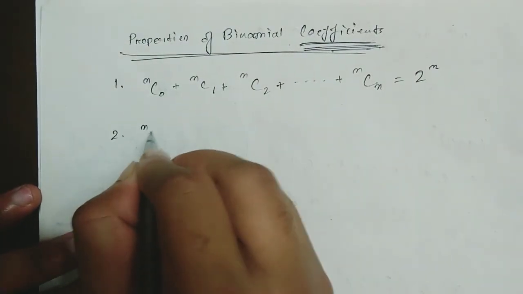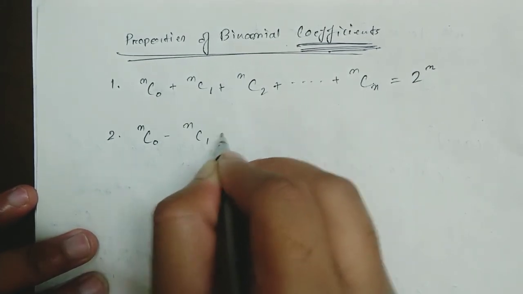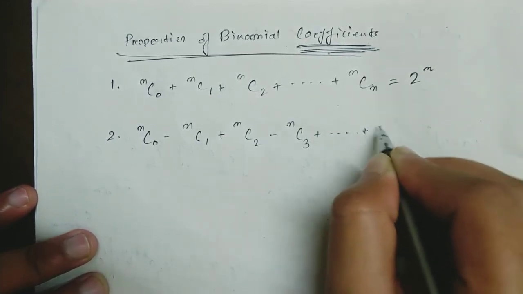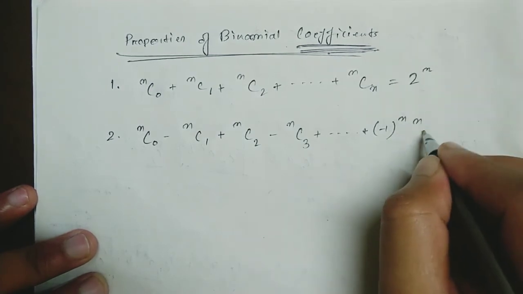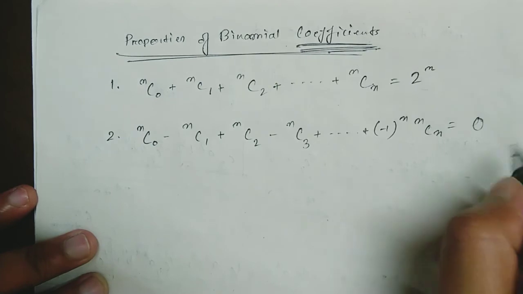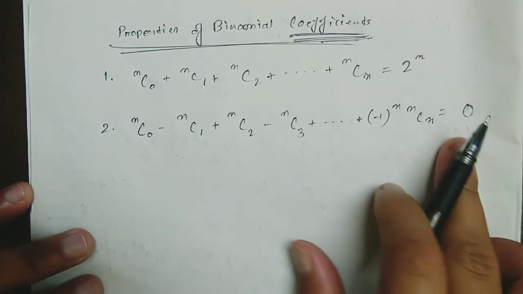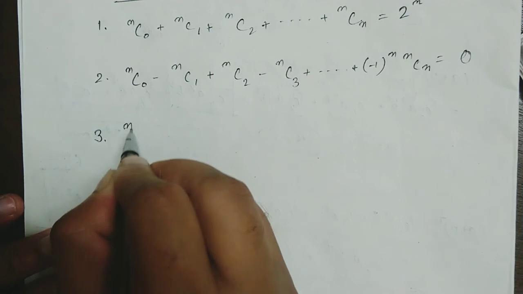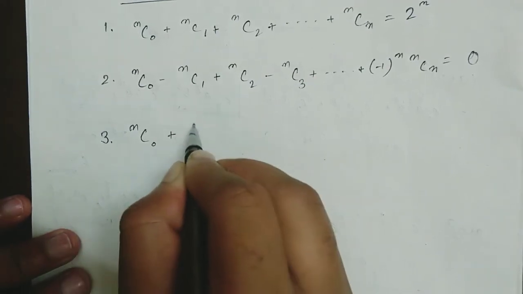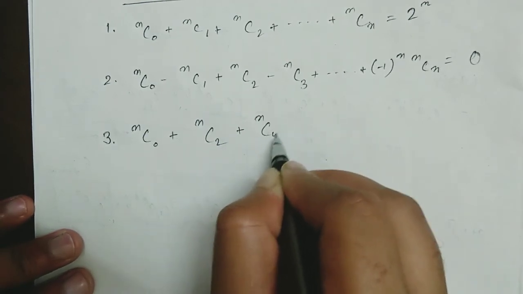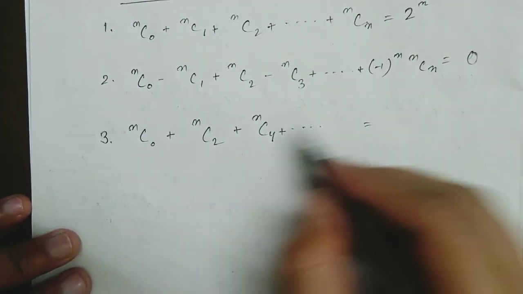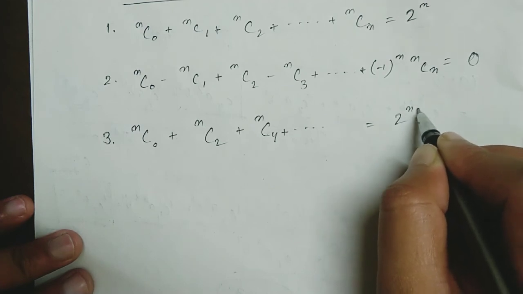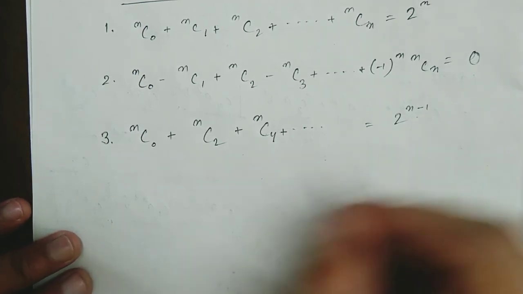The second property: nc0 minus nc1 plus nc2 minus nc3 plus dot dot dot plus minus 1 to the power n ncn, if we do this, alternately minus and plus, then the total sum is 0. The third one says nc0 plus nc2 plus nc4 plus dot dot dot, if I take all the even ones, then the sum would be 2 to the power n minus 1.